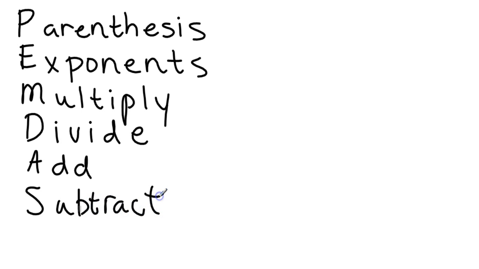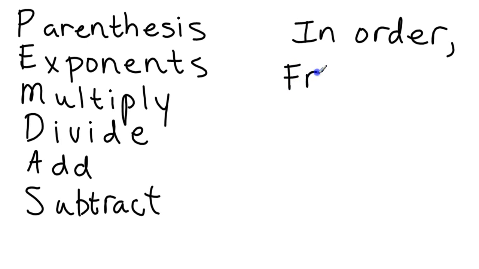One key that kind of gets left off of PEMDAS is all of these are done in order, just as you read it. So it's going to be in order from left to right.